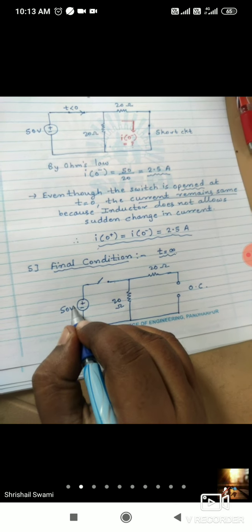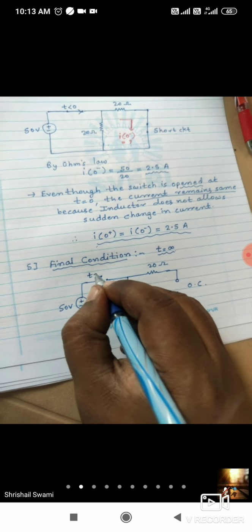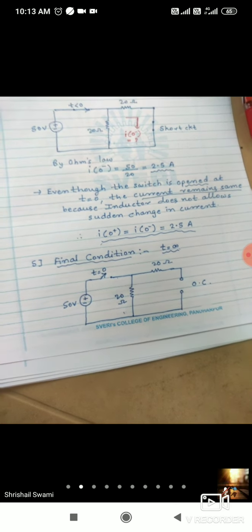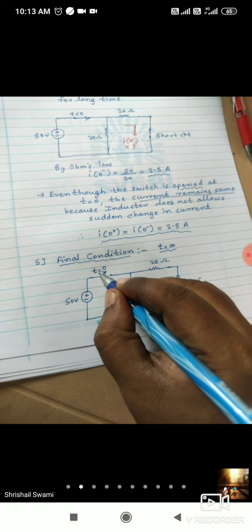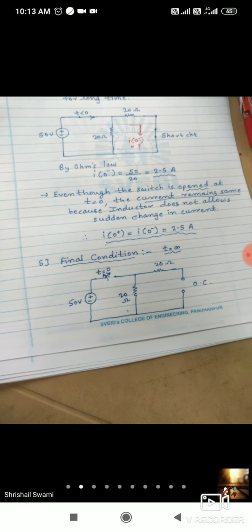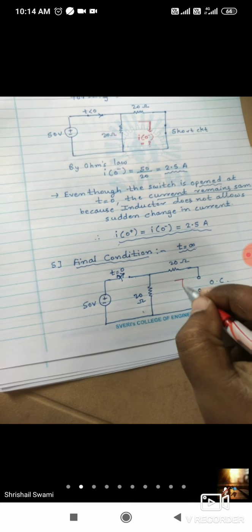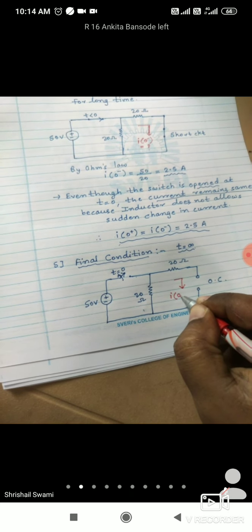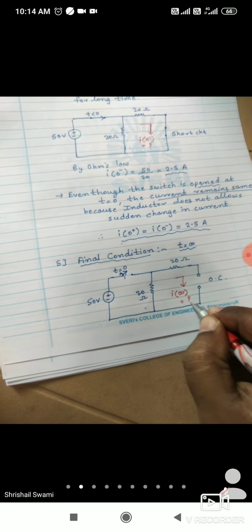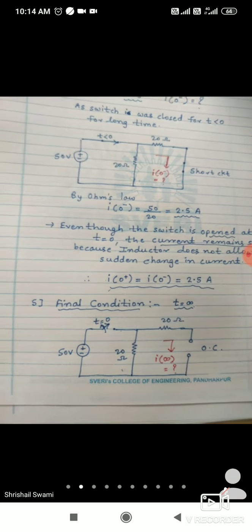So this will be 50 volt, and the switch is closed already at t is equal to 0. So I will show the direction also. So now what will be the value of current? I of infinite. So what is this current? Anyone?